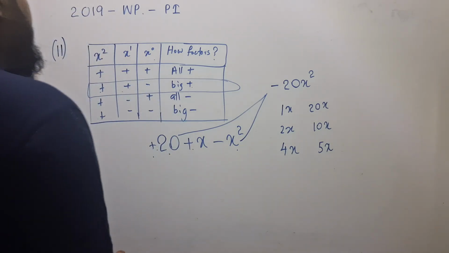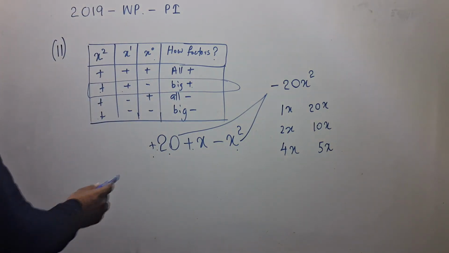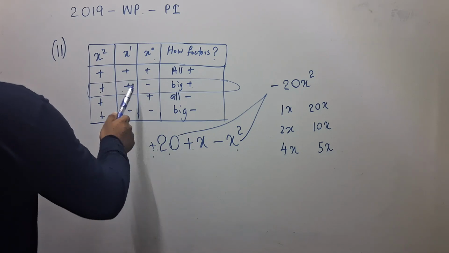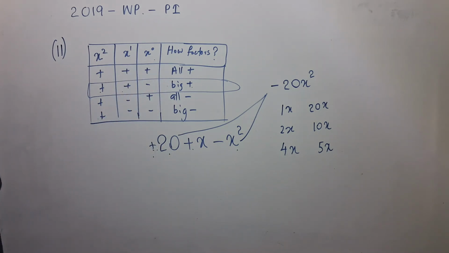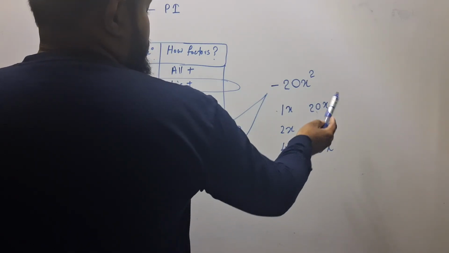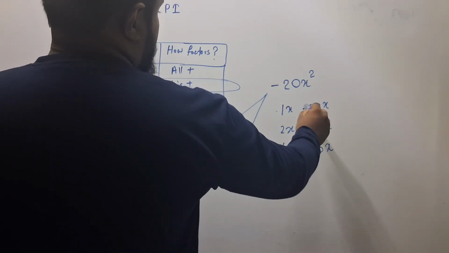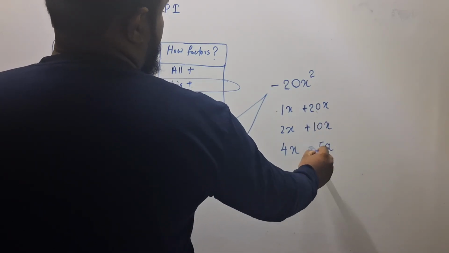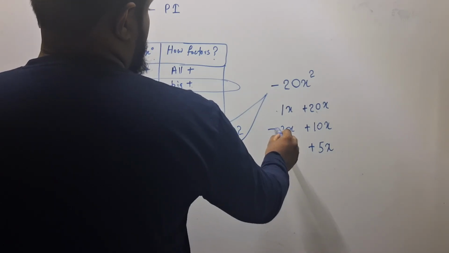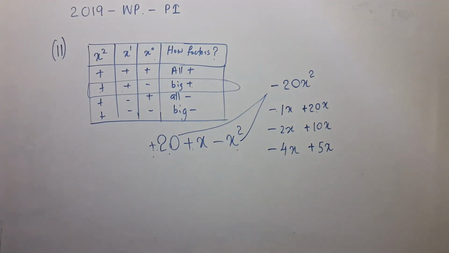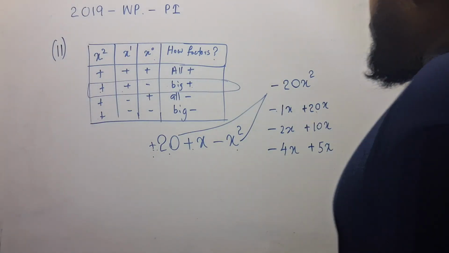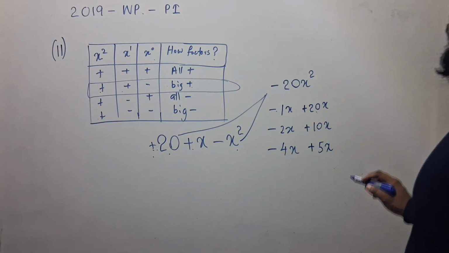According to the table, plus, plus, minus means you choose the big plus value. When we consider 1 and 20, the big value is 20. So we put plus for 20, plus for 10, plus for 5, minus for 4, minus for 2, minus for 1. Then we consider the sum, to find how plus x is made.